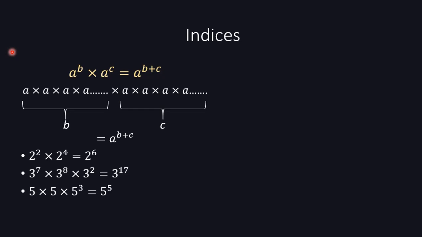Let's have a look at another rule. The next rule says that if I have a number a raised to the power b divided by a raised to the power c, it is going to be equal to a raised to the power b minus c. So let's look at the reasoning behind this rule. In the first rule I said that if a number has a negative power, I can express it as a reciprocal of that number, but this time I'm not going to be writing the minus sign with the power.